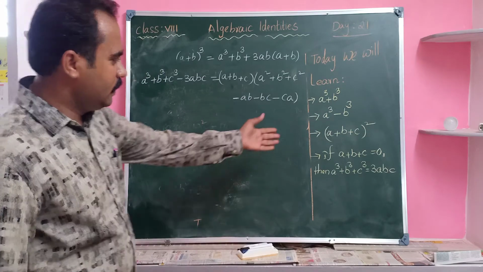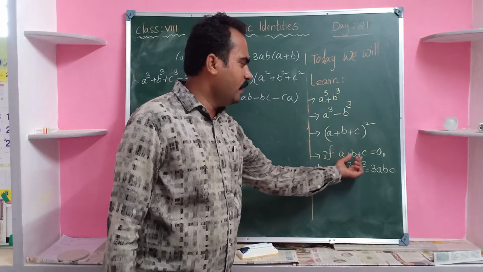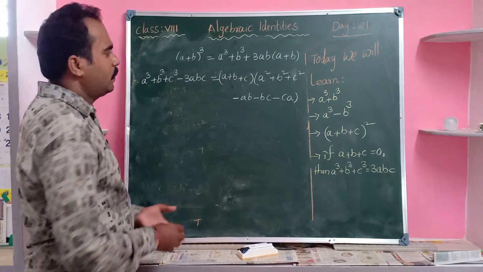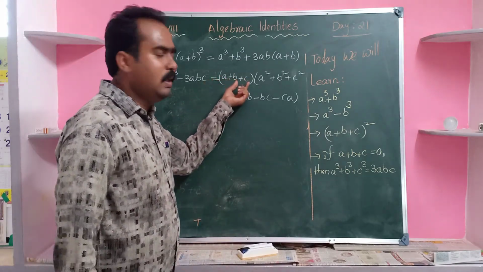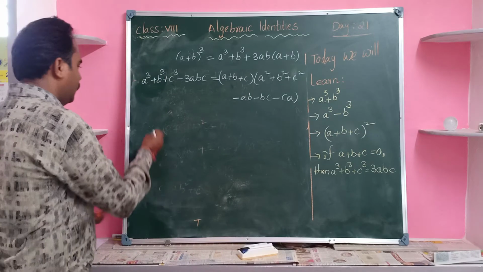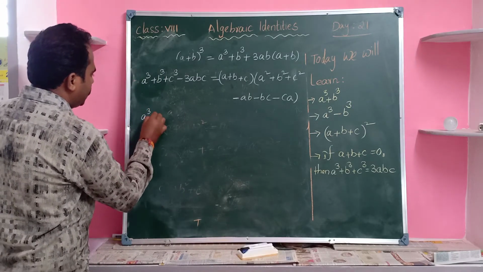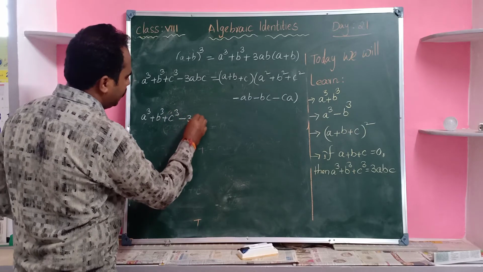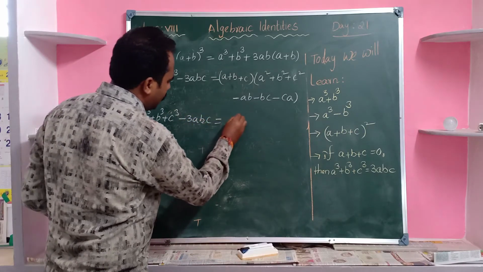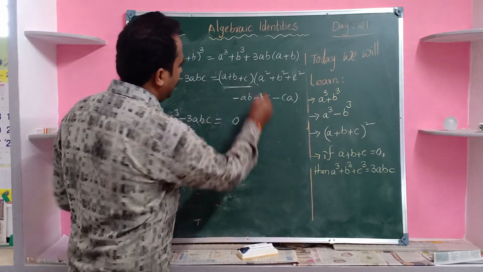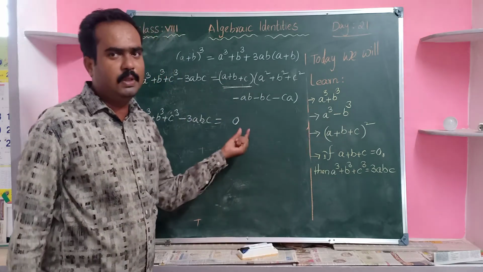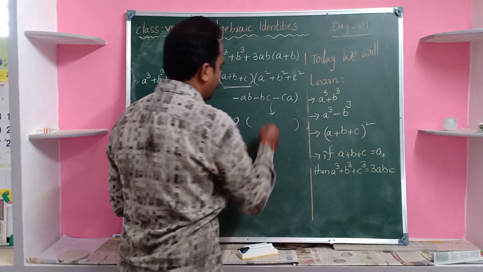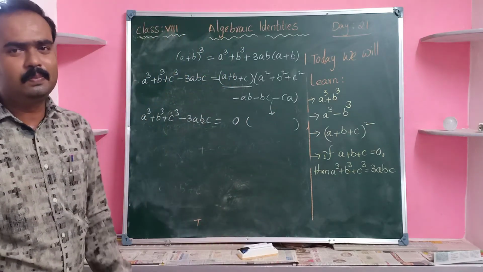Now see what is the condition here. What is the condition? If a plus b plus c is equal to 0. Now I will substitute here a plus b plus c is equal to 0. Then a cube plus b cube plus c cube minus 3abc is equal to 0 into anything, because a plus b plus c value is 0. 0 into anything will become 0.